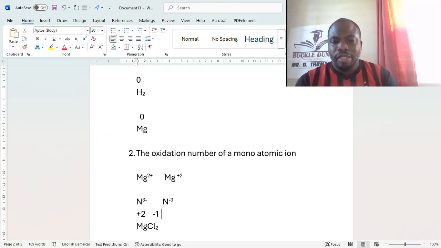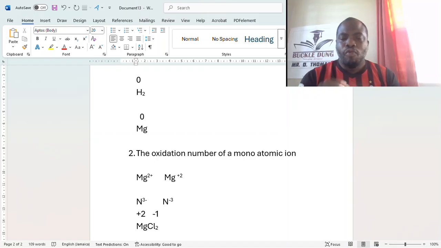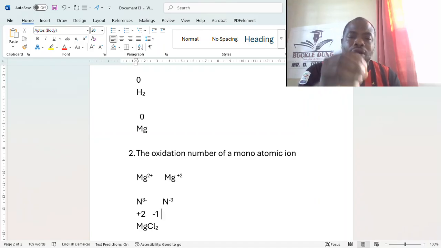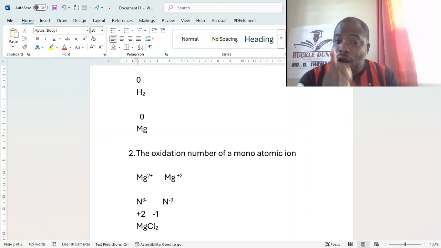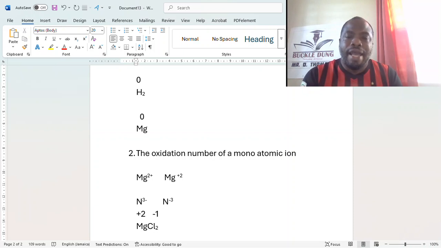Now, students sometimes ask me, but sir, there are two chlorines. When you're looking at the oxidation number of an ion in a compound, we're always looking at 1. But the overall charge of the two chloride ions is going to be -2.